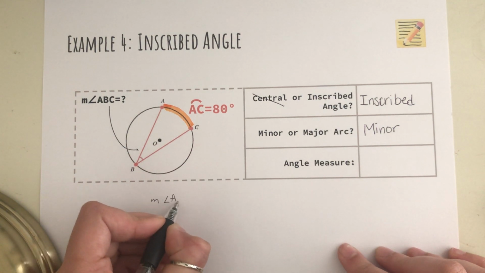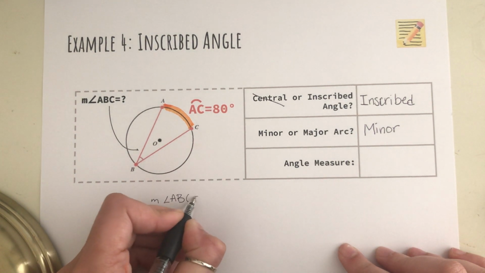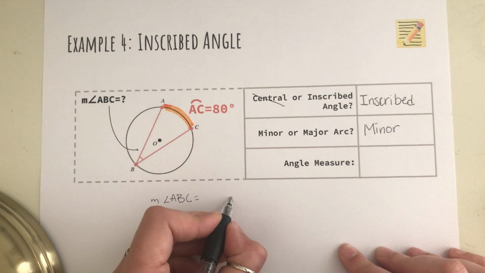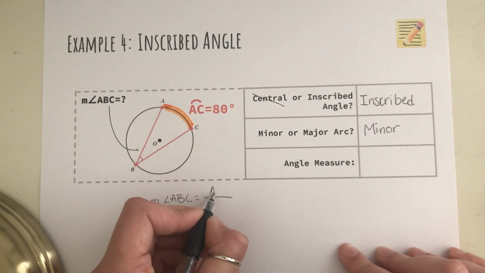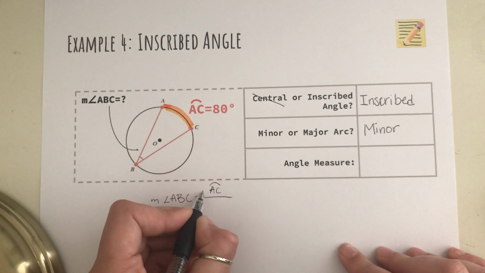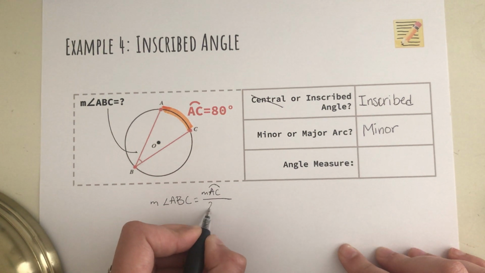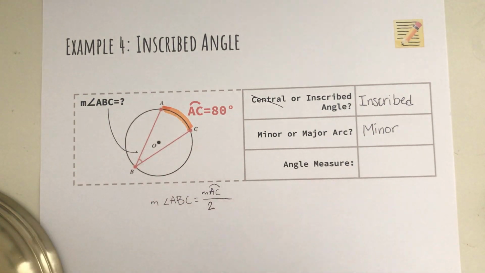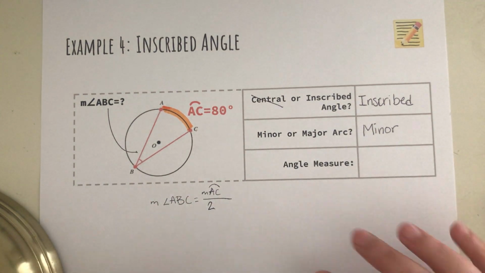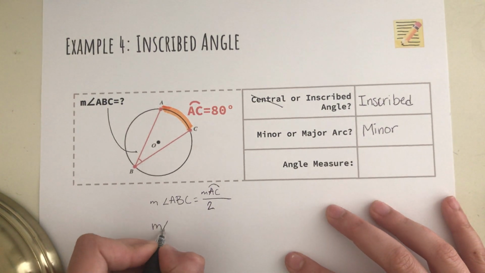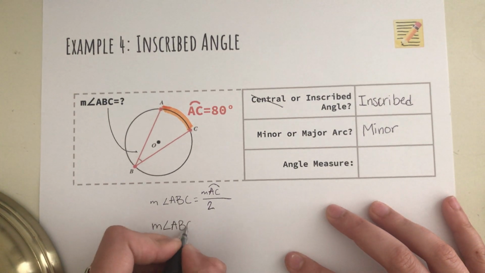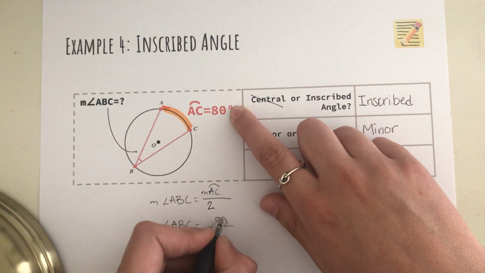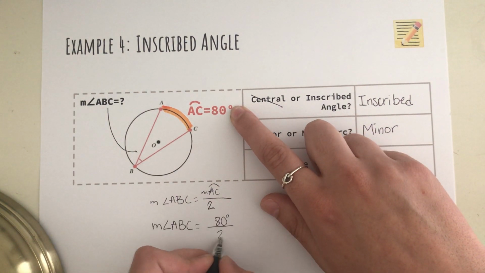So I'm going to write the measure of angle A, B, C is equal to the measure of arc AC divided by 2, right? So again, a fraction line is just hitting the divide button in your calculator. So the measure of angle A, B, C is 80 degrees divided by 2.